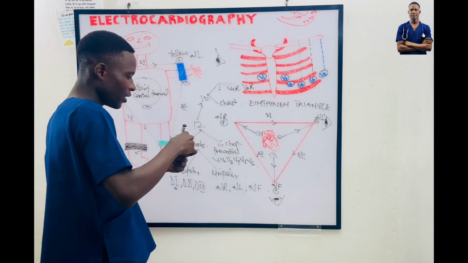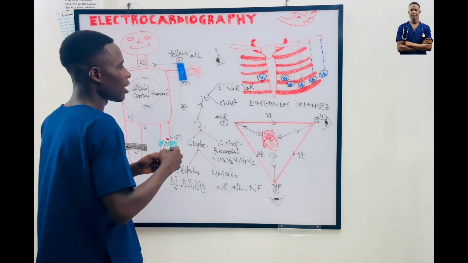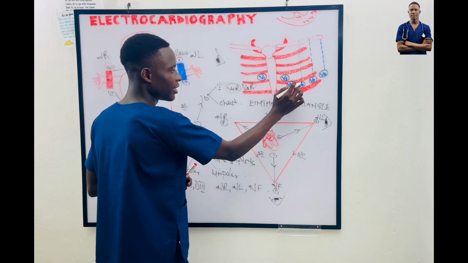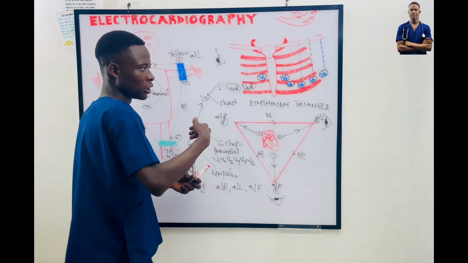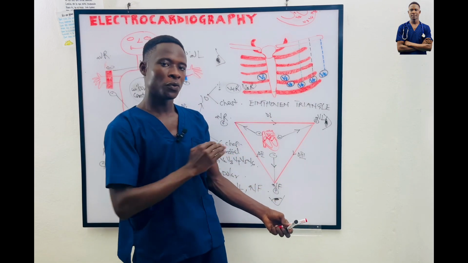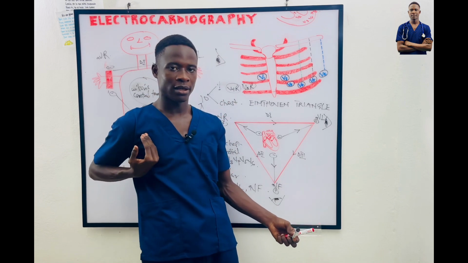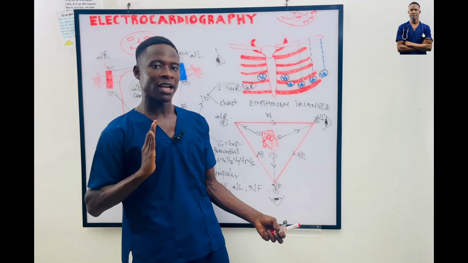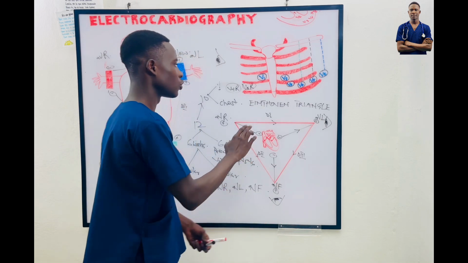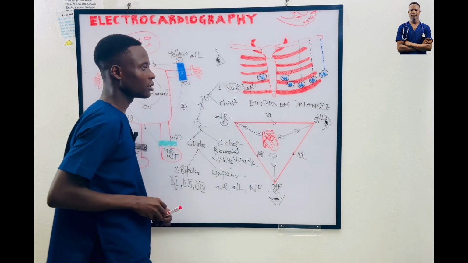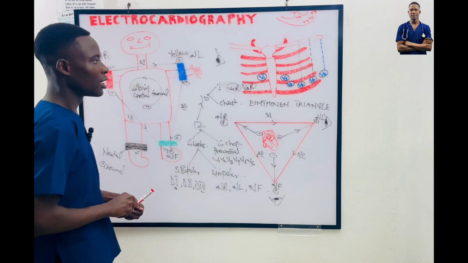We place the V3R and the V4R in the same place as the V3 and the V4, but opposite. The V3 and the V4 are on the left side, so we place these at the right side so that we can take information from the right ventricle. So this is the V3R and the V4R. Take note of that.